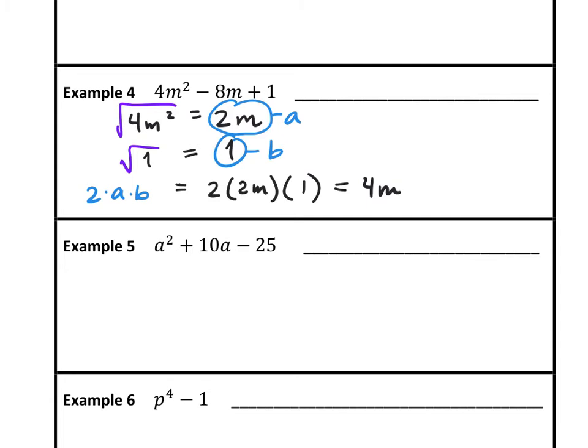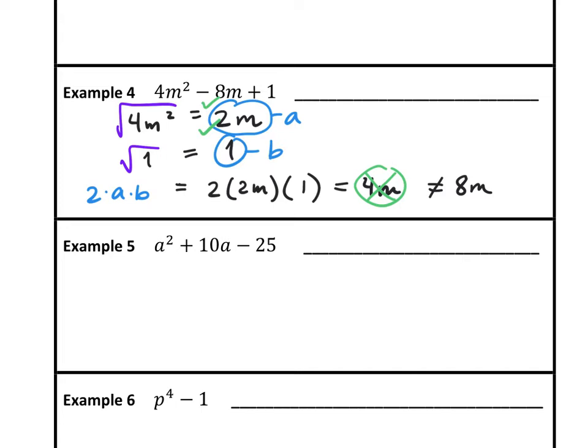So I could take the square root, so these check off, but this does not match with the middle term. The middle term we're looking to get is 8m. Right? It doesn't equal 8m.